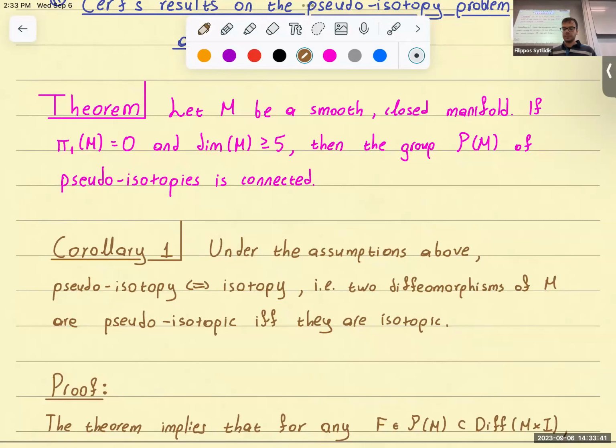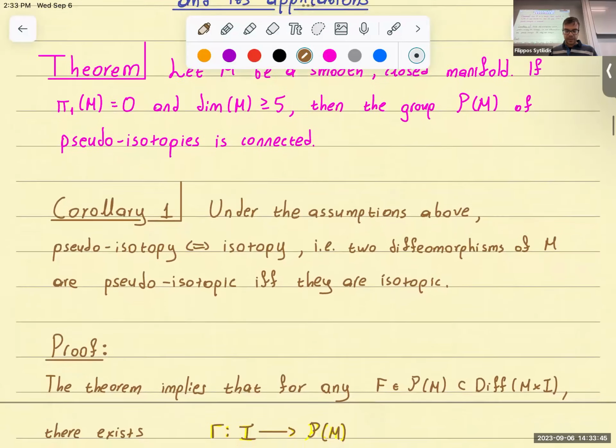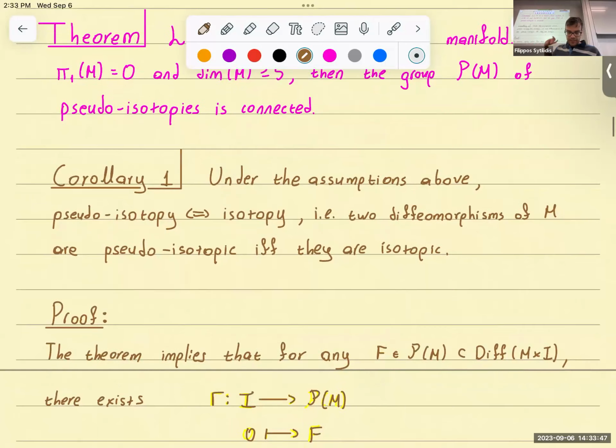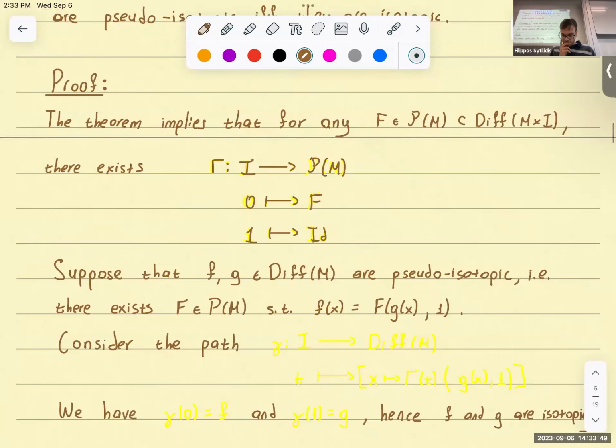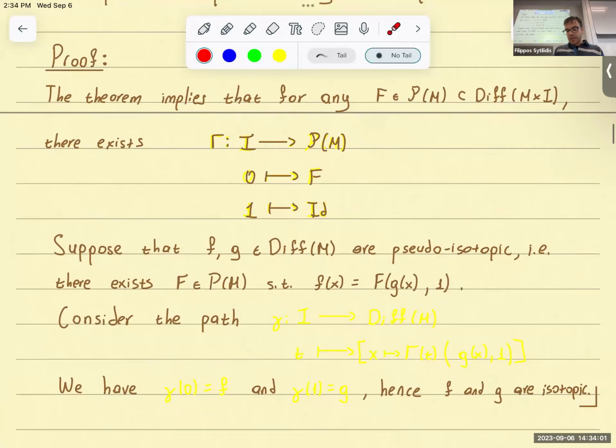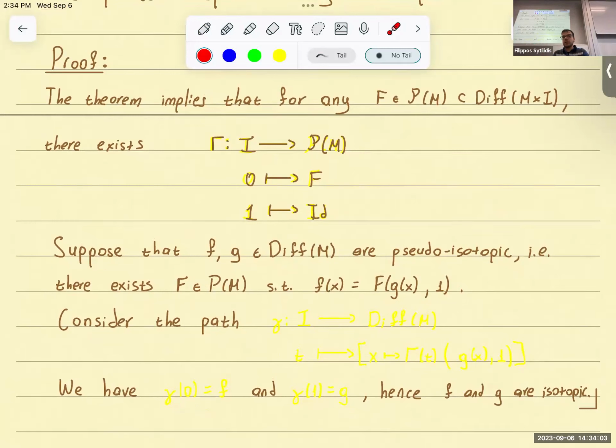And that's what we want to prove. So now, if we are in this situation and you hand me two diffeomorphisms that are pseudo-isotopic, what do I know? I know by definition that there exists a pseudo-isotopy.